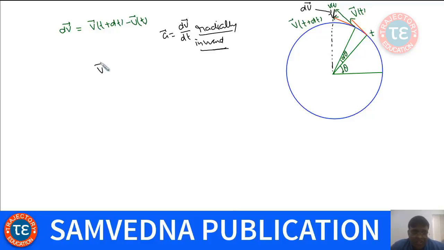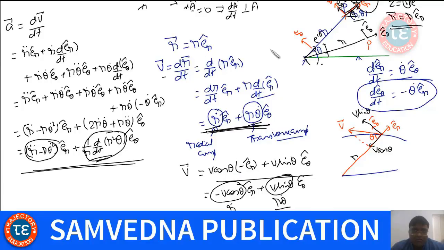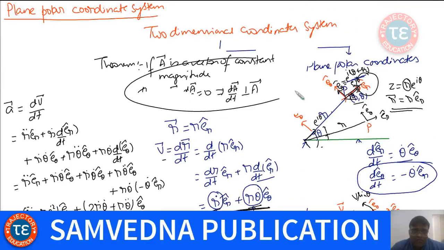See how? In uniform circular motion, the magnitude of Vt is constant, and I have already shown that if a vector has a constant magnitude, then its derivative is perpendicular to the vector. We have already shown this derivation; I have deleted it.